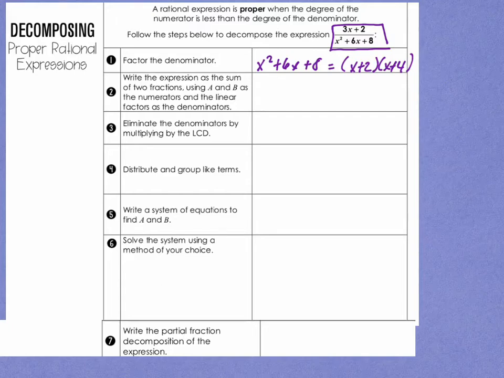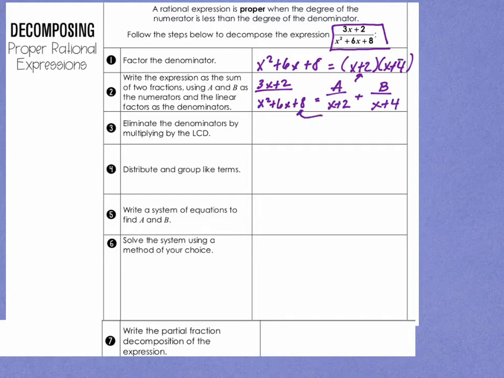You're going to write this whole thing, 3x plus 2 over x squared plus 6x plus 8, equal to something over x plus 2, taking the first factor, plus something over x plus 4, because that's how you would get this common denominator.